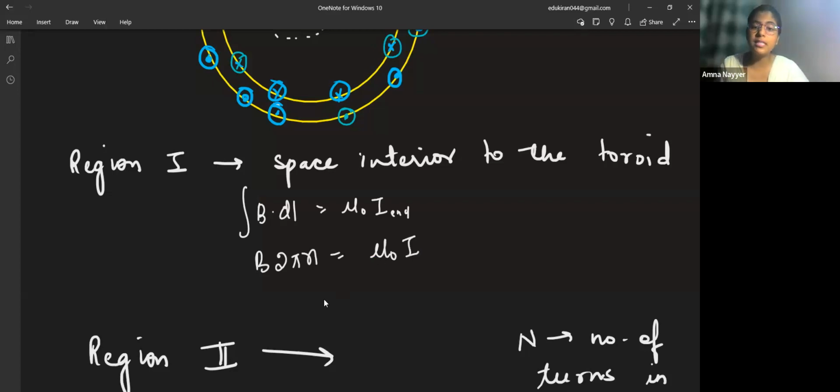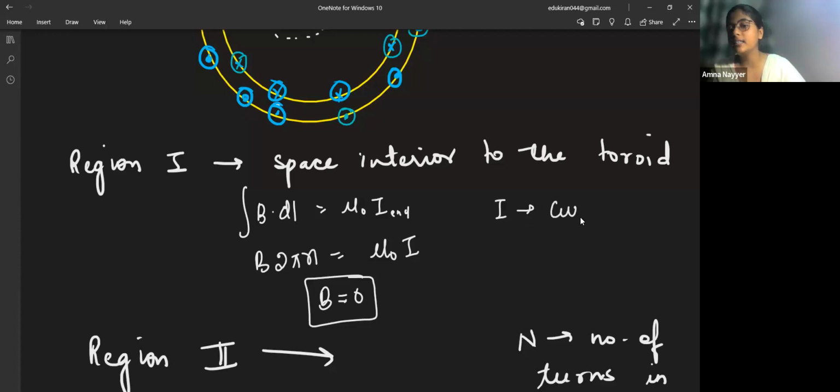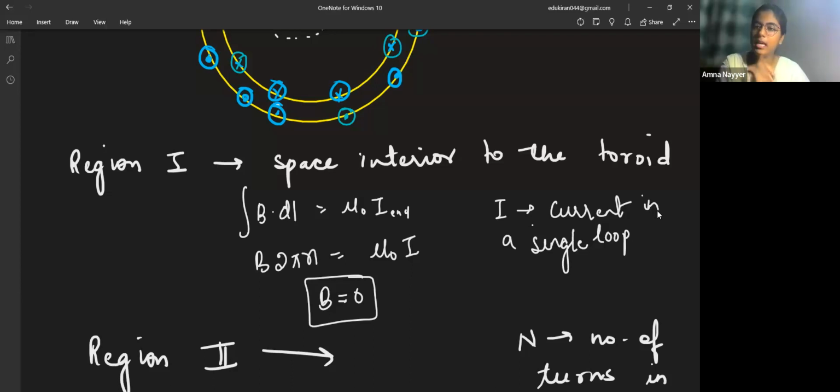But the problem is that magnetic field isn't present in the center. If magnetic field isn't present in the center, this is 0. Right? We don't have any magnetic field present at the center. And what is I? I is the current in a single loop, basically the current of the circuit. So in region 1, we are getting it as 0.